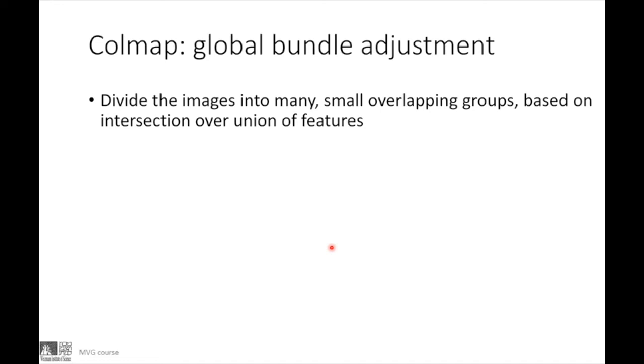Instead, they divided the images into many small overlapping groups based on how many inlier features there are between the images, basically looking at the intersection over the union. So how many common features they have relative to how many features they have with other images. Okay.